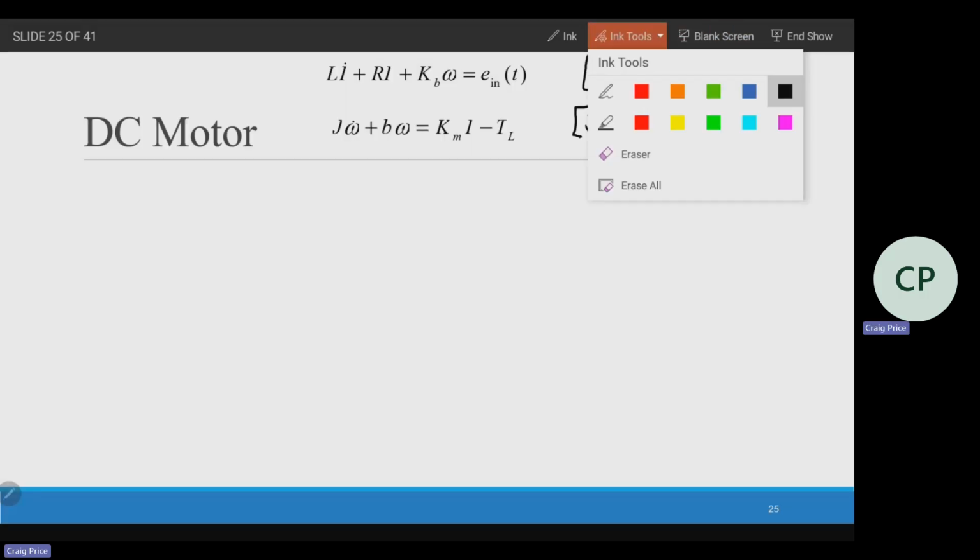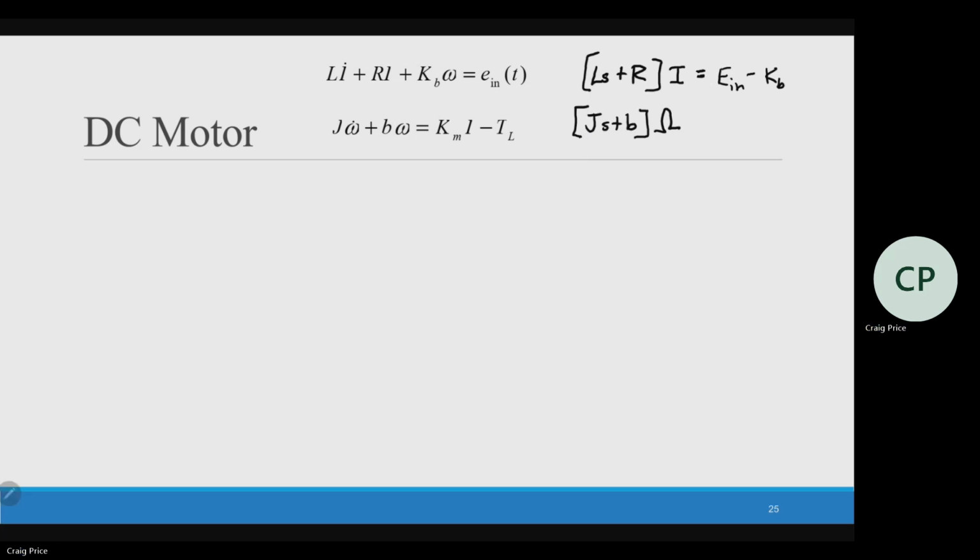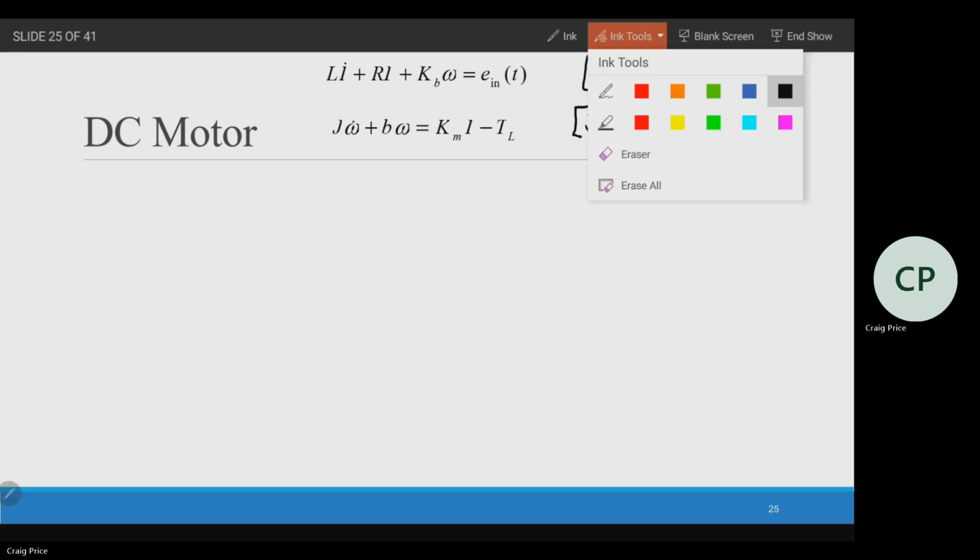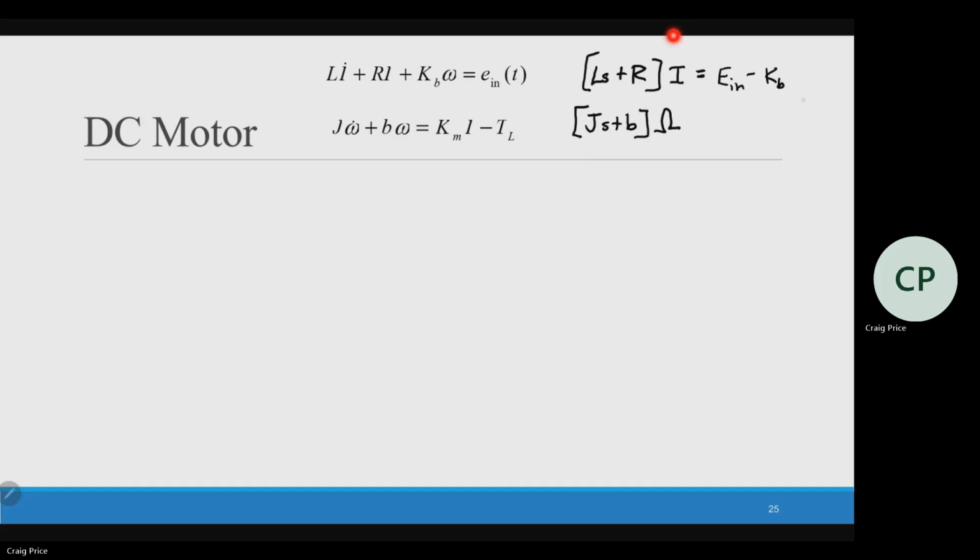For that, KB and KM are the same thing as the back EMF constant.